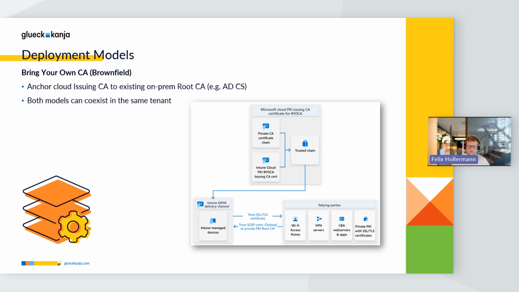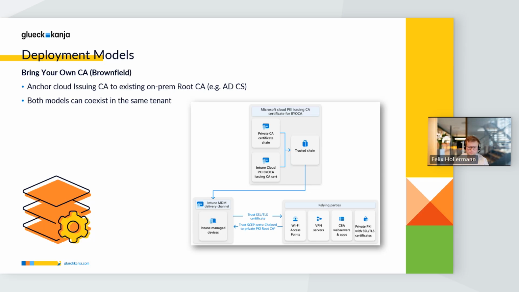And on the left side, there's the Intune MDM delivery channel. Your managed devices get two things automatically through Intune, the SSL TLS trust certificate and the SCEP certificate. But here the SCEP certificate is chained to your private PKI root CA. So the device trusts it because it already knows your CA.